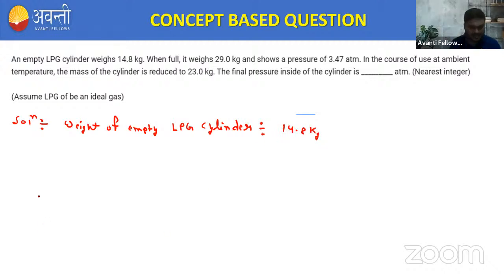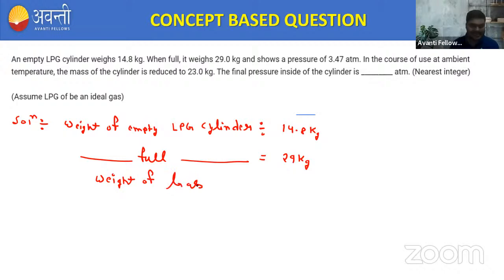Now weight of full LPG cylinder is nothing but 29 kilogram. So weight of gas. What is the weight of gas बेटा? भाई फुल करने पे 29 किलो का हो गया और एम्प्टी सिलेंडर का वेट 14.8 है, तो गैस का वेट कितना हो गया होगा? ऑब्वियसली 29 minus 14.8, so it comes out to be 23 kg. So 23 kg उसके अंदर गैस भरा हुआ है.